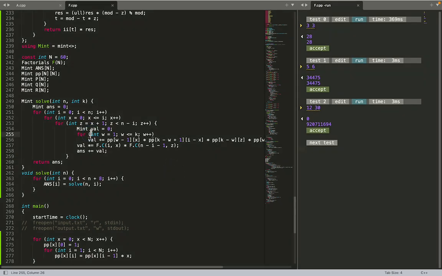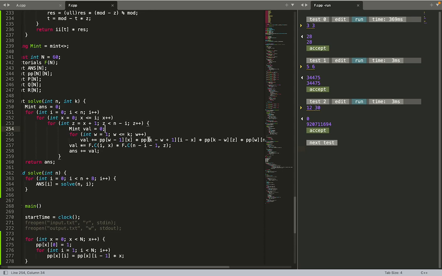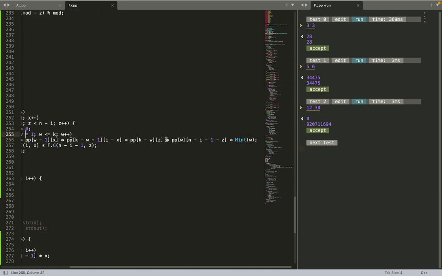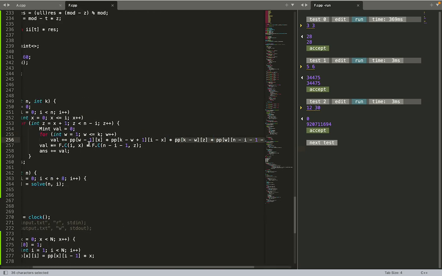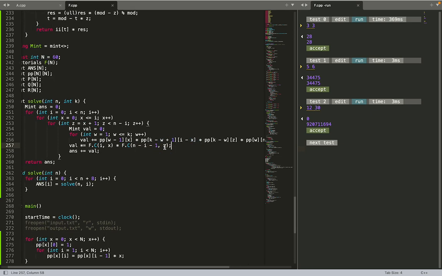Okay, yeah, that works, but it's n to the fifth, and I am not satisfied with that. It will get accepted, but I want n to the fourth, and I'm sure it's possible. And actually this and this only depend on i, x, and w. This and this only depend on i, z, and w.